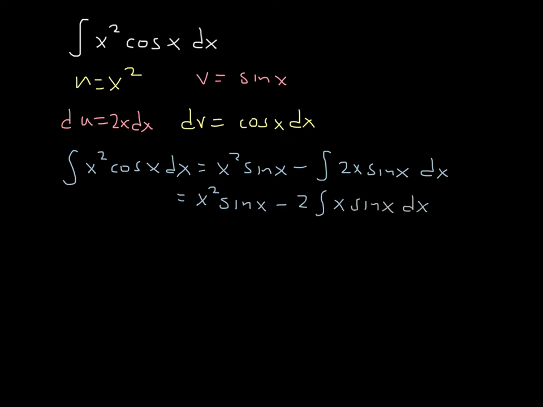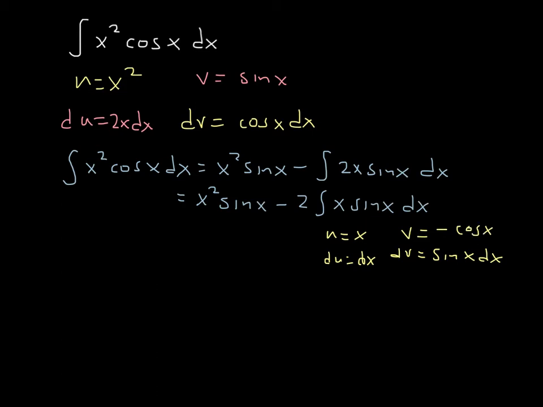And so we'll use those same ideas that we saw before. In this case, I'm going to let u equal x and dv equals sine x dx. And so du is going to be 1 dx, or just dx, and v is going to be the antiderivative of sine x, which is going to be negative cosine x.